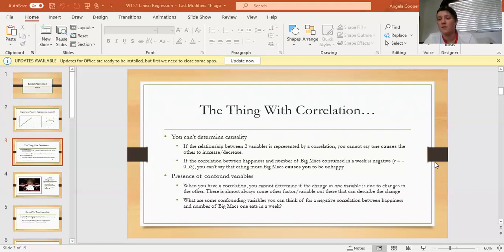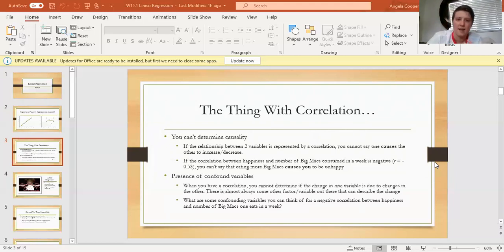That's what the negative Pearson's R is telling us. And that 0.53 is saying that they're varying relatively strongly together. So they tend to rise and fall at a relatively equal rate. So that's what that Pearson's R is telling us.